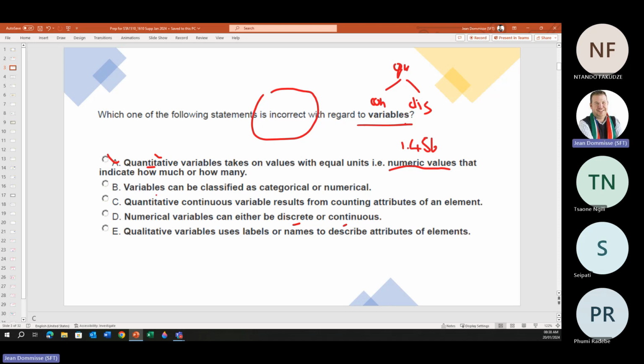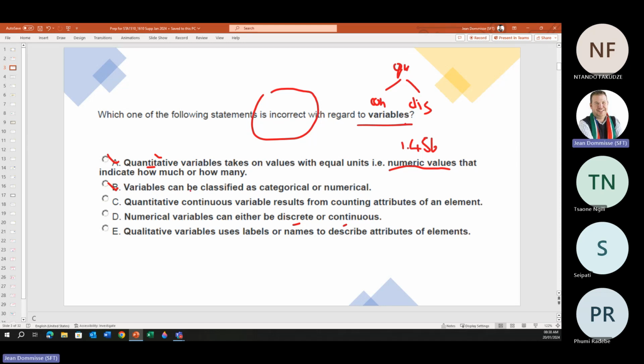Okay, variables can be classified as categorical or numeric. That is correct. You can have all categories, or you can have numeric values.